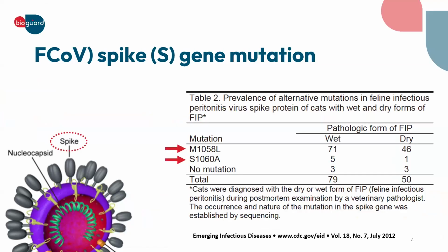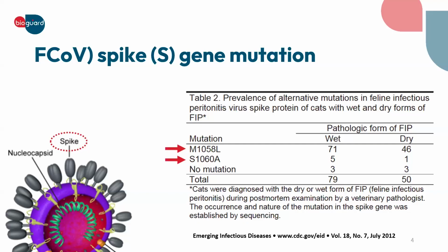So basically, this research, which was published in 2012, reveals that in wet form as well as in dry form, M1058, when it mutated into lysine, this kind of mutation was mainly found in the FIPV, when the FCoV changes into FIPV.